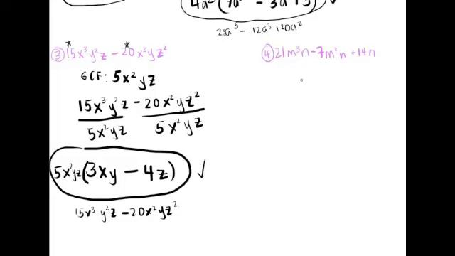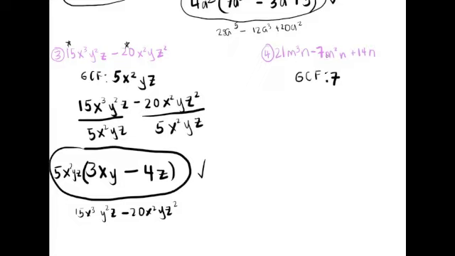Okay, now let's try this number 4. So let's pick out the GCF. So for all the coefficients, 21, 7, and 14, the biggest number they have in common is 7. Okay, looking at the m's, can I include the m in my GCF? I cannot, okay?